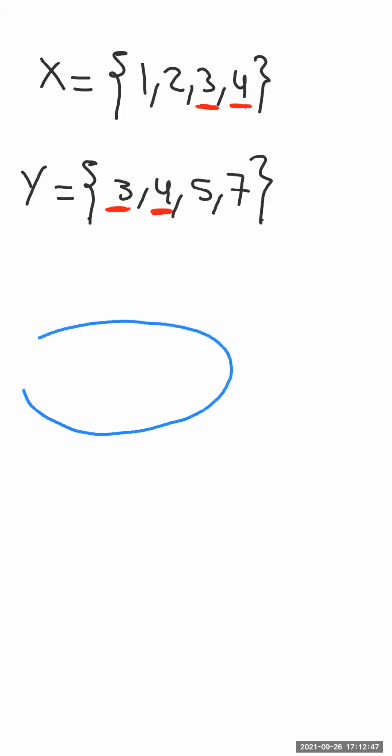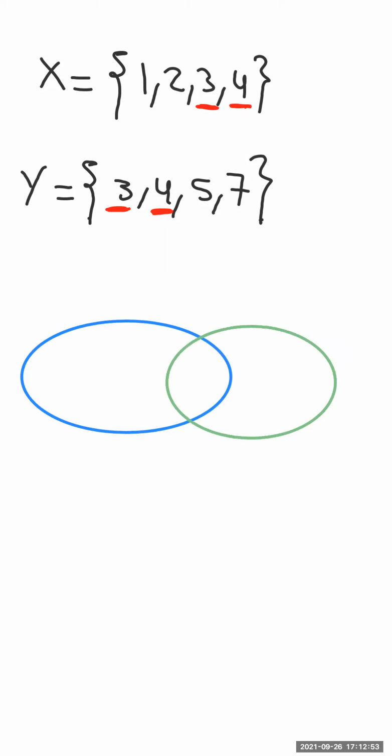This one will be X, and this one will be Y. Now, what are the common elements between them? 3 and 4 here and 3 and 4 here.